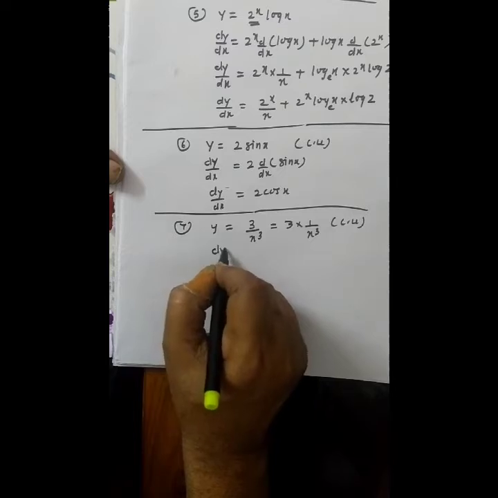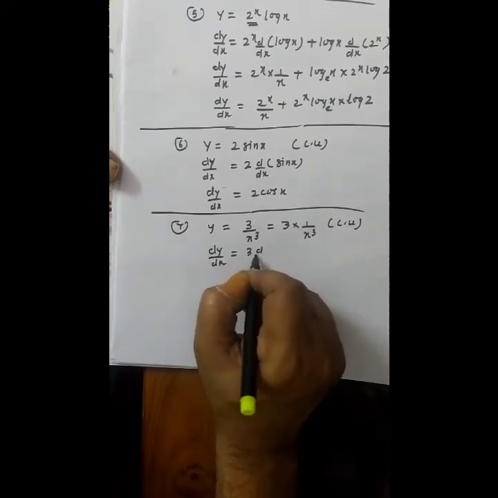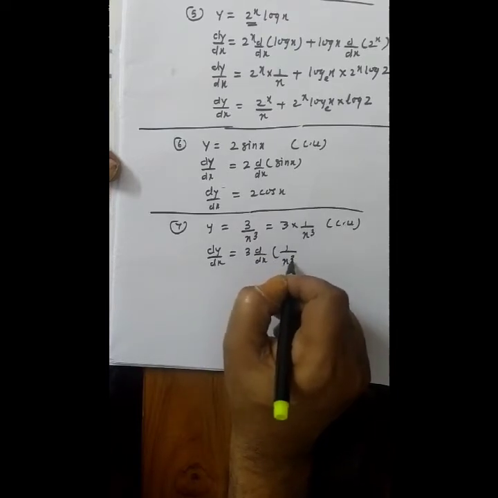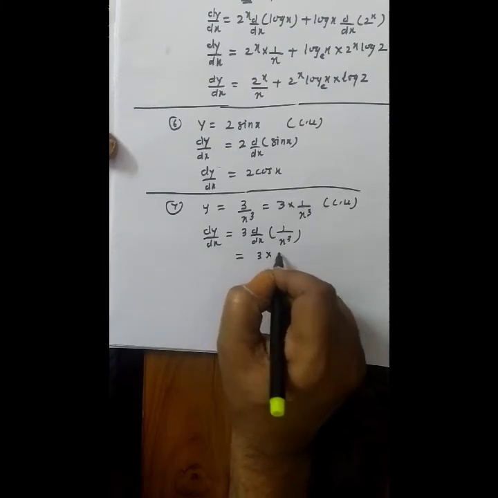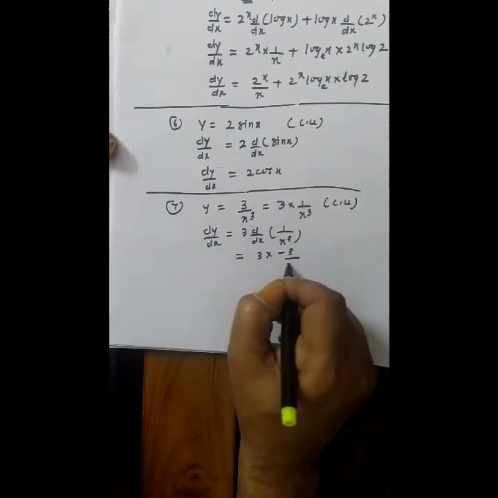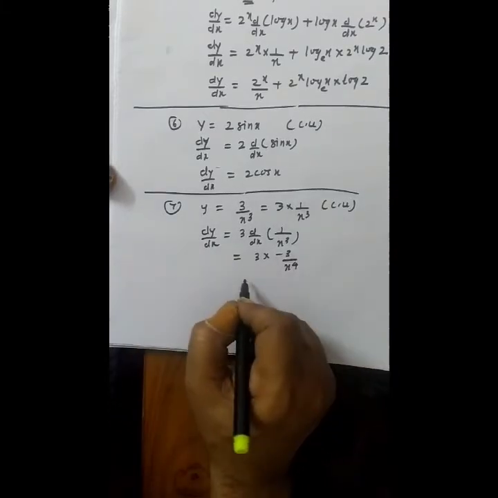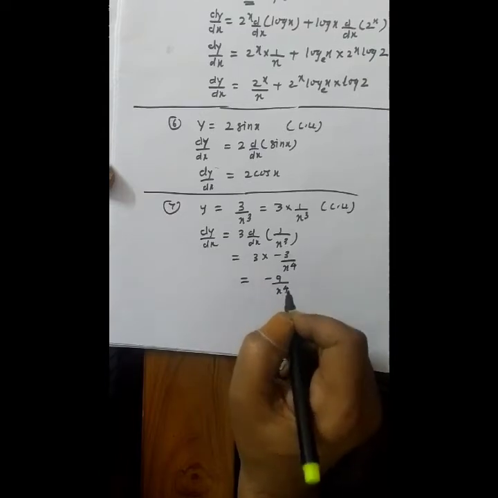So we can write dy by dx is 3 into d by dx of 1 divided by x cube. So it is 3 into derivative, which is minus 3 divided by x raised to 4, using 1 upon x raised to n formula, so minus 9 divided by x raised to 4.